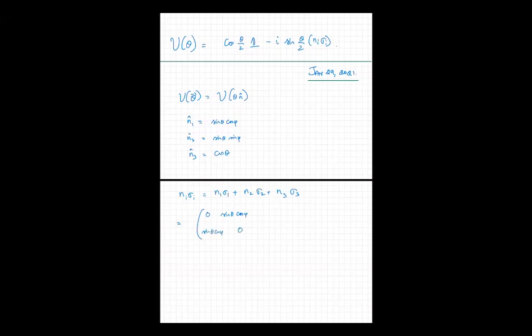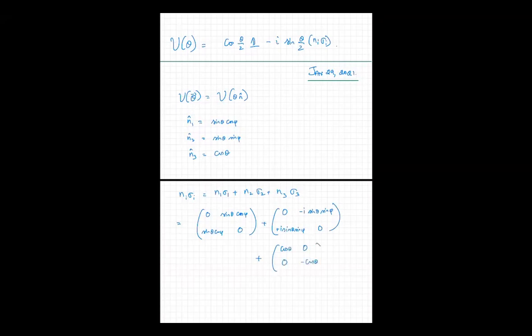This is N1 times sigma 1. N2 times sigma 2 is 0, minus I sine theta sine phi, plus I sine theta sine phi, 0. This is my sigma 2. And sigma 3 is 1, 0, 0, minus 1. So this is cosine theta, 0, 0, minus cosine theta.